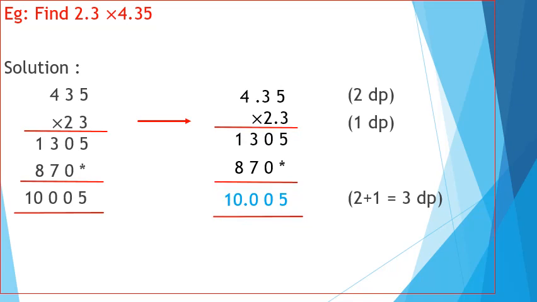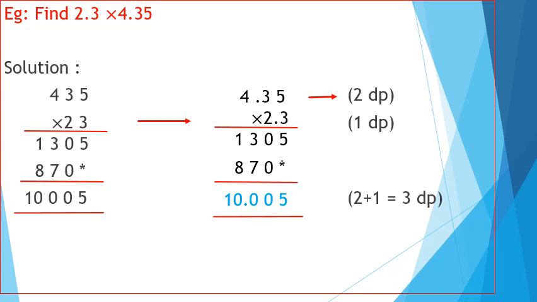After 4, you have to put the decimal point, and on the right side, write 2 dp, meaning 2 decimal places. Then in the next step, put the point between 2 and 3, and on the right side, write 1 decimal place. And you are getting the product 10,005.